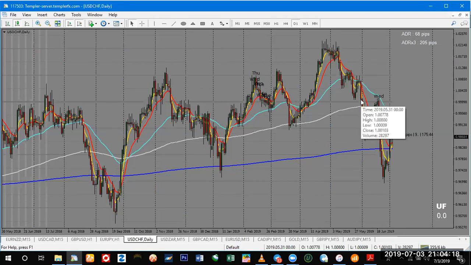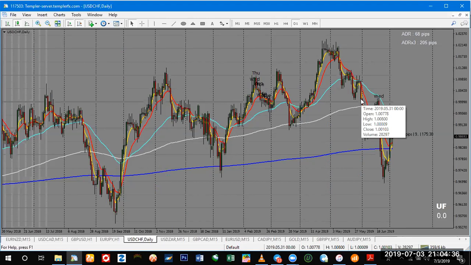I want you to have a shift of knowledge here. The knowledge you had on the hour one time frame about the peaks, about the levels, you shift it to the daily time frame.